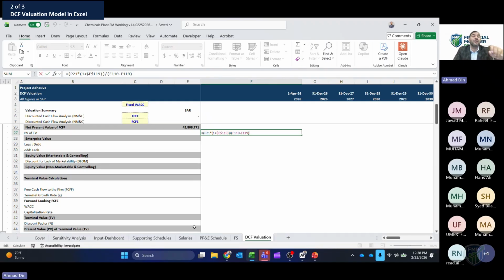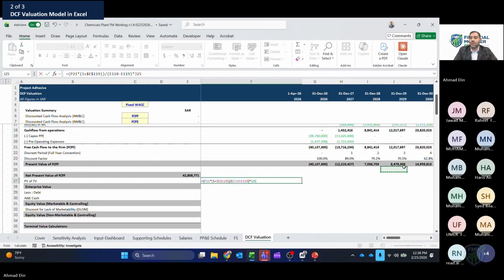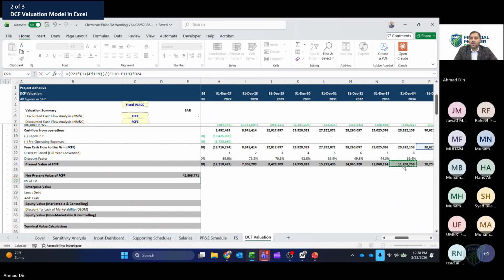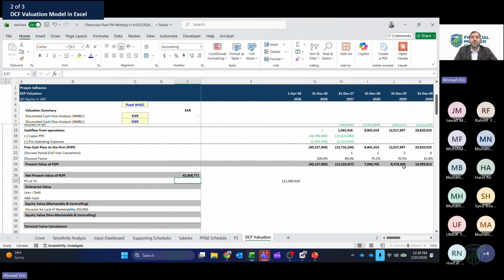Why do you think it's too high? We need to apply the discount rate on this as well, for the year in which we calculated our terminal value. So this is our discount rate, and now we get our value of the business, our terminal value.